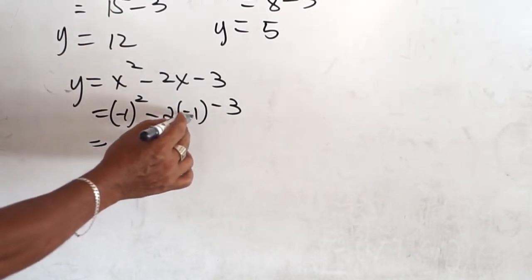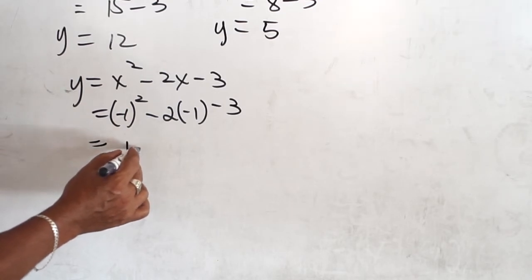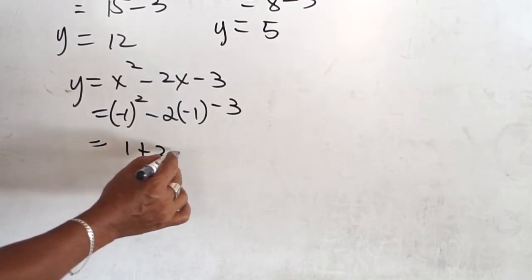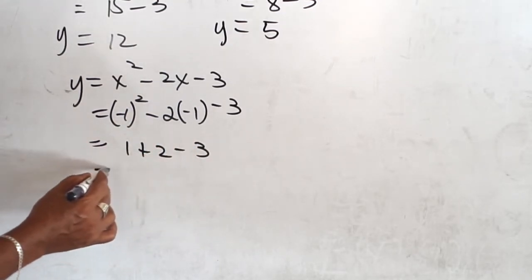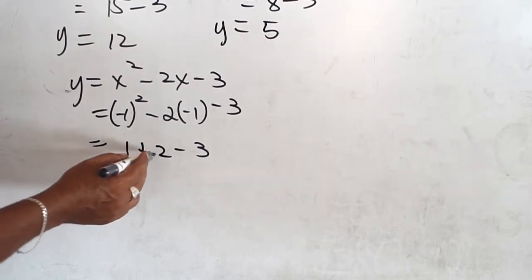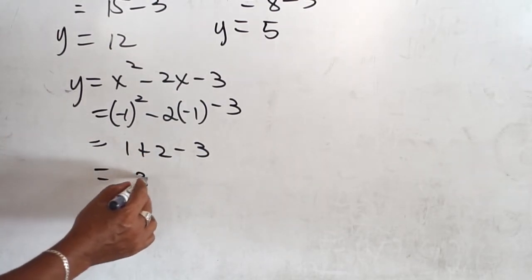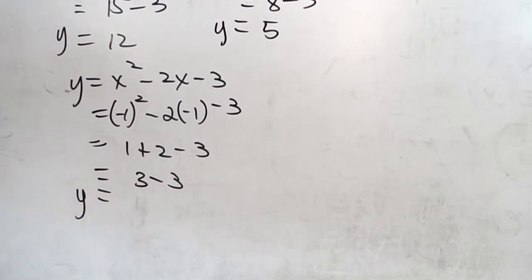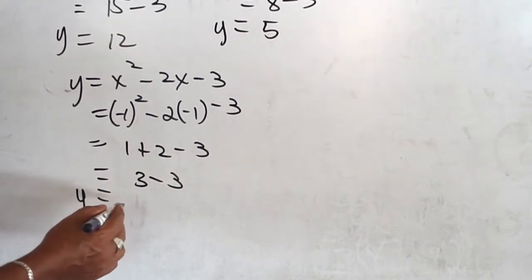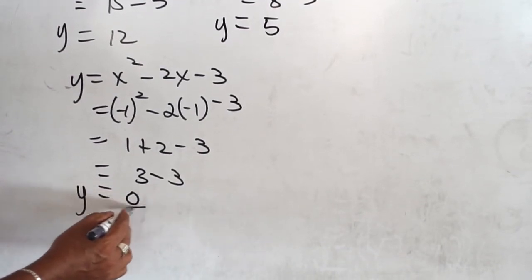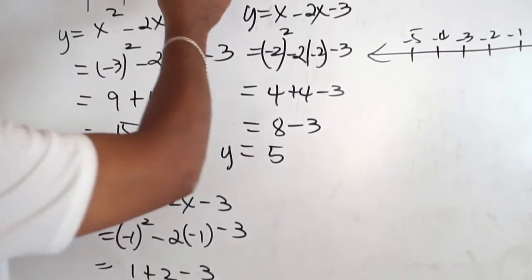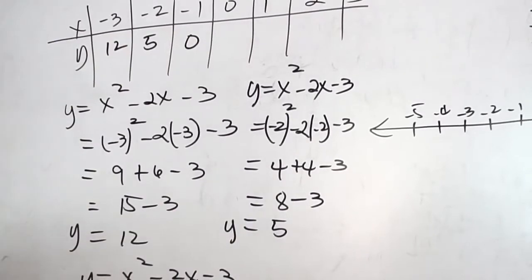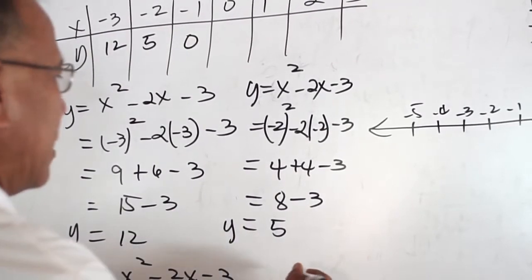Negative 1 multiplied by negative 2 is positive 2. Then negative 3. Add 1 plus 2 is 3, then negative 3, so the result is 0. So this is now the value of y: 0.